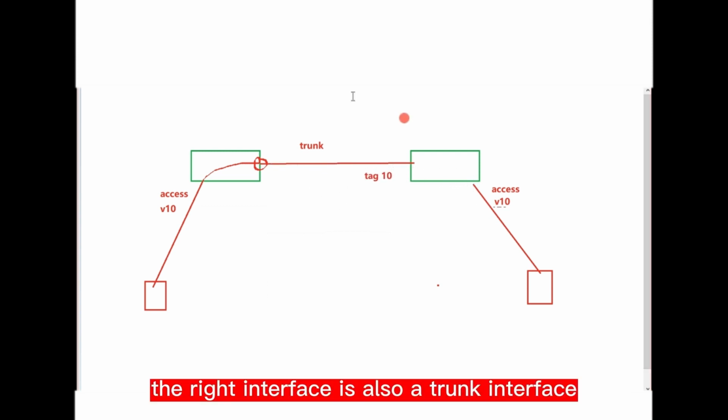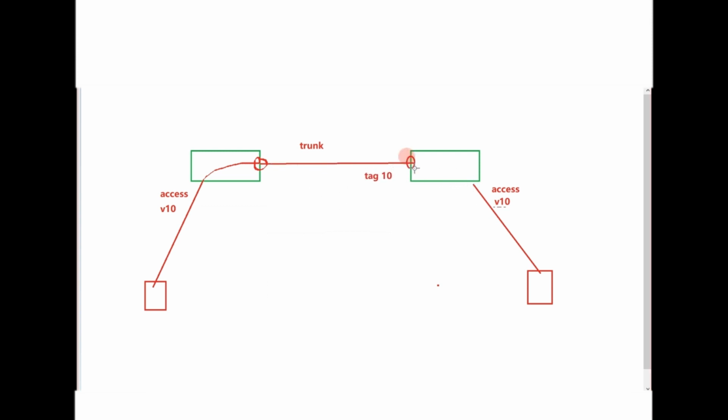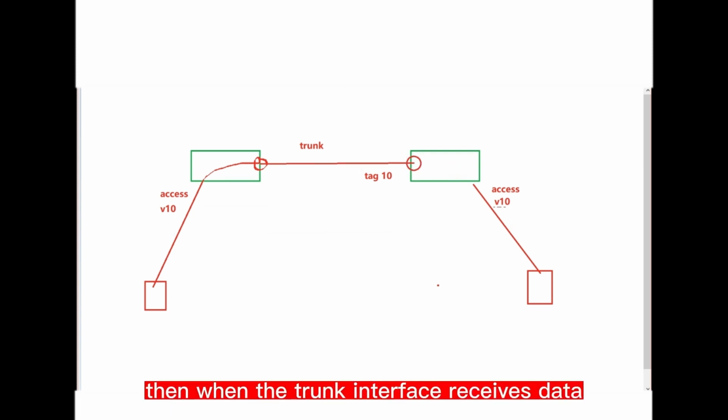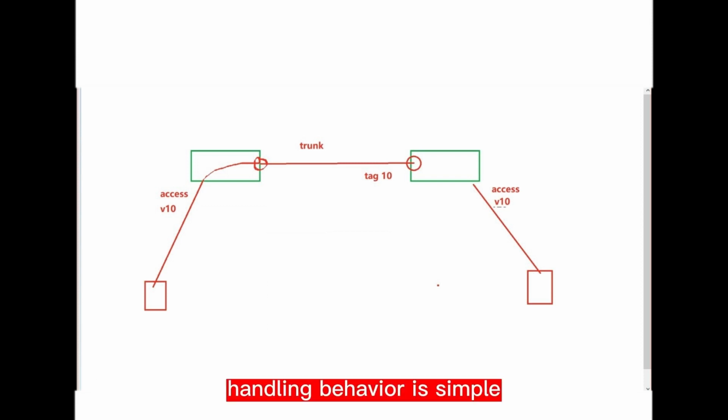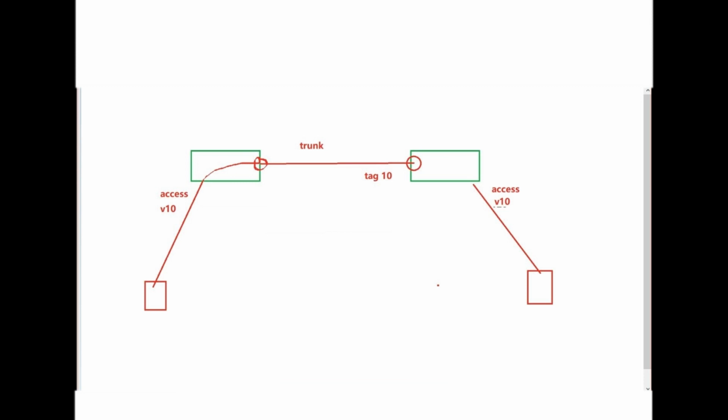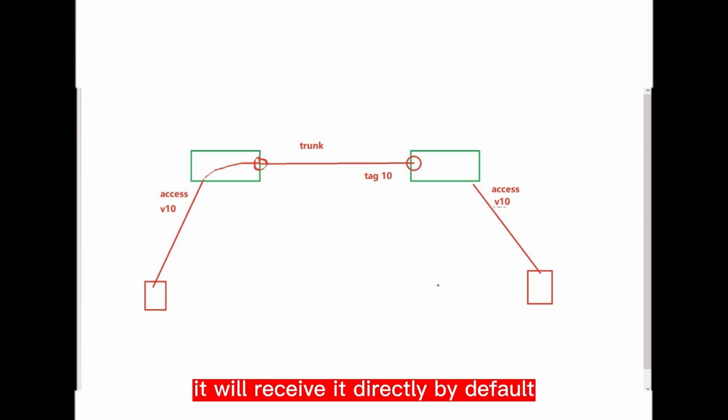The right interface is also a trunk interface. When the trunk interface receives data, it will also have some processing behavior of its own. The handling is simple. The first is to look at your release list. It also releases all, so when the data comes, it will receive it directly by default.